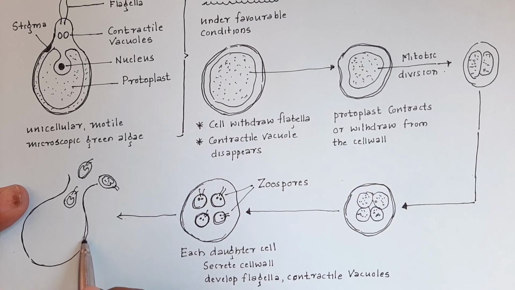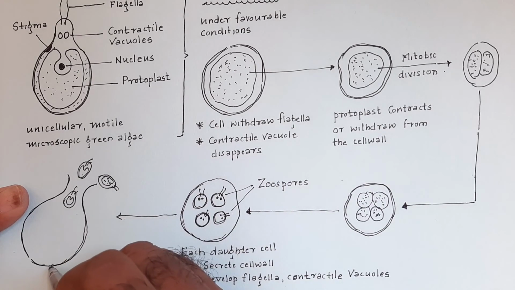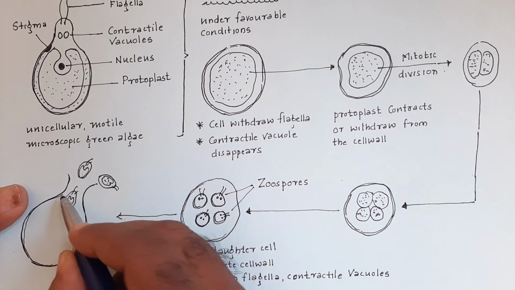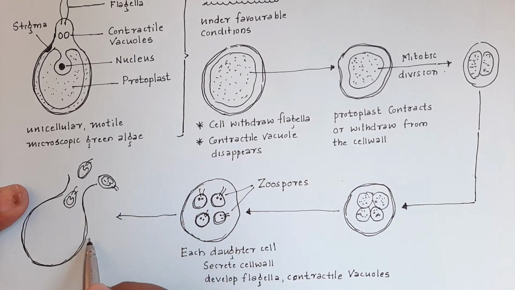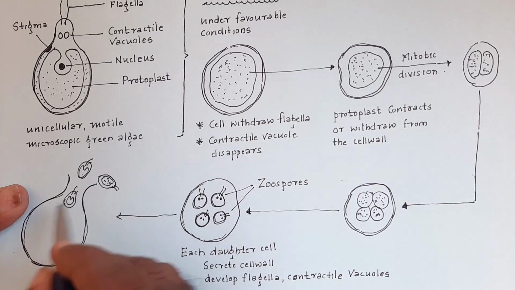The parent cell is now considered a zoosporangium because it produces the zoospores. So you can consider the parent cell a zoosporangium.